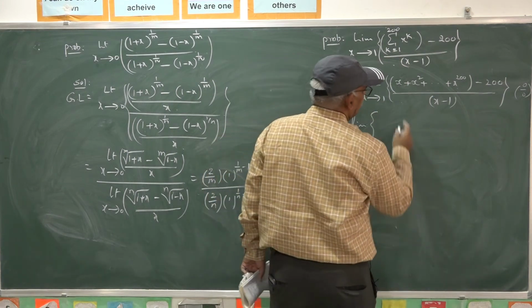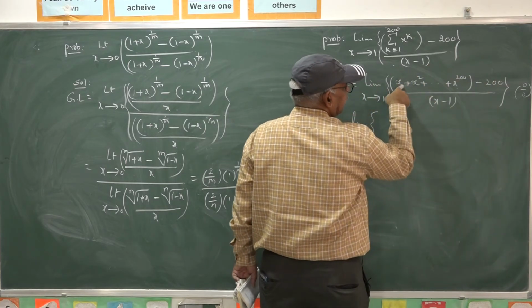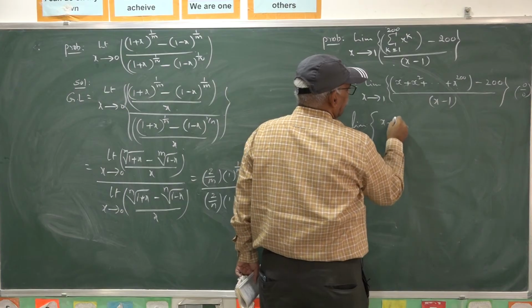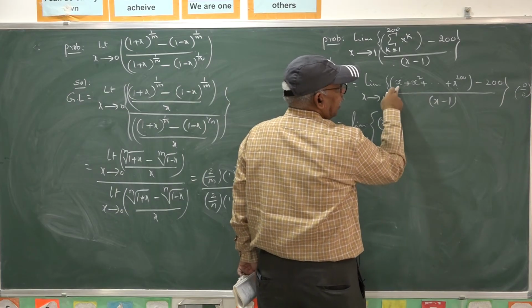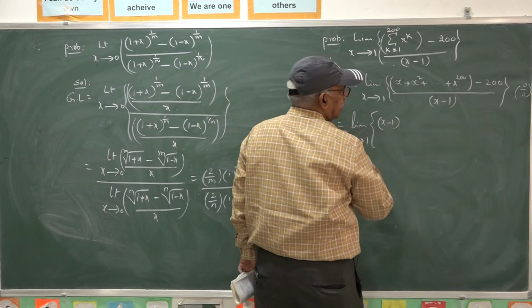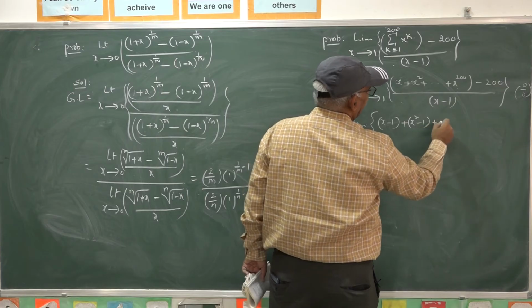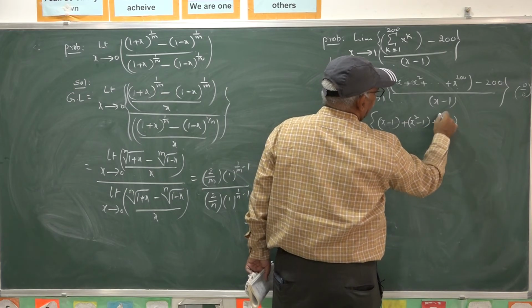Take x, out of 200 take 1 and add to this one. x minus 1, I am taking 1 from 200. Another one is attached to x square. Another one attached to x cube.